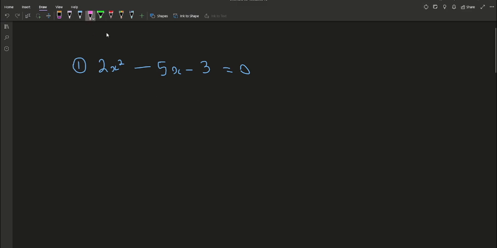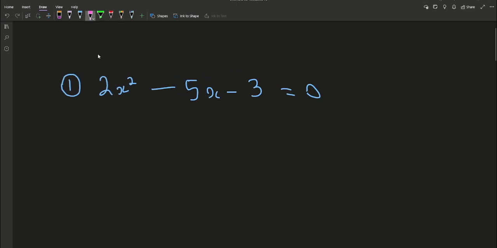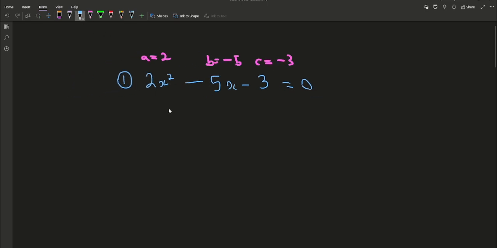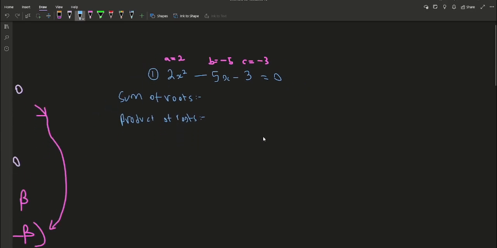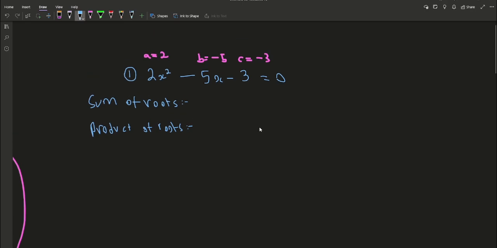So let's first write the values for a, b, and c. a equals 2, b equals minus 5, and c equals minus 3. So having this in mind, let's find sum of roots and product of roots for this equation.